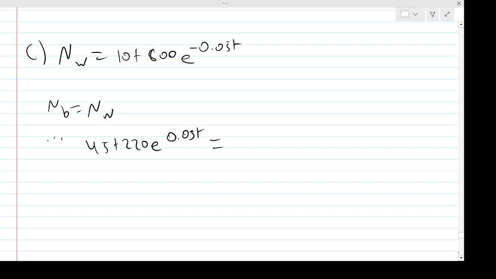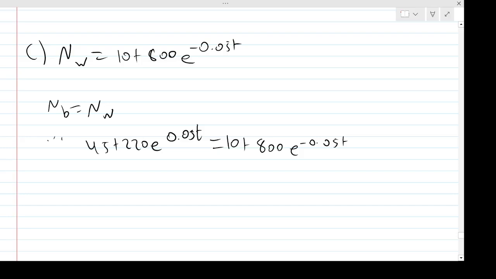So NW is 10 add 800 e to the negative 0.05t. So hopefully you're with me there. When there's an equal number of bees and wasps, which is what these two formulas are telling me, they have to be equal. So I'll just set the two equations equal. At that point, it's asking me to find the value of t, effectively. That's the hard part, right? I need to now solve this equation for t.